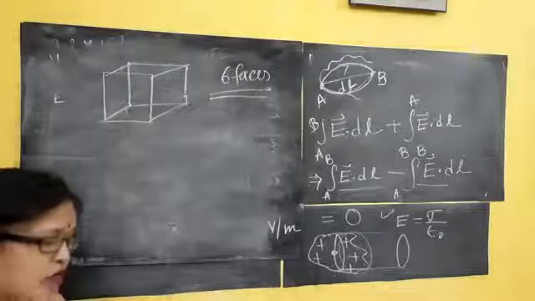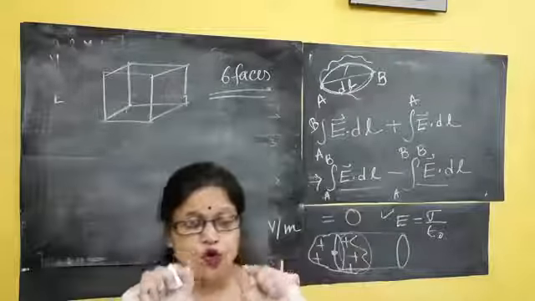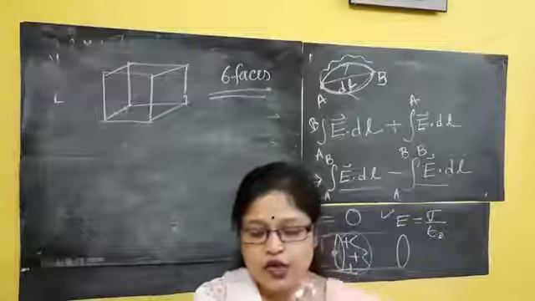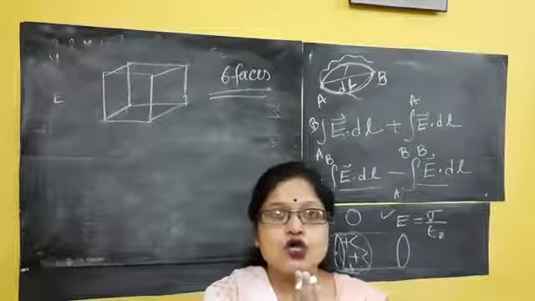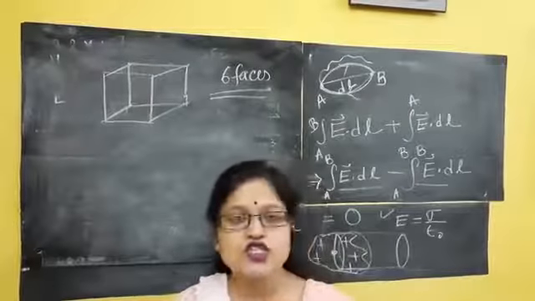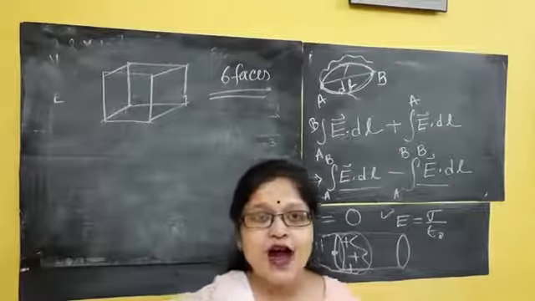Now suppose I am considering the cube. Inside a cube there is a charge. So if I am having a single charge or a charge conductor, what will be the value of electric flux?